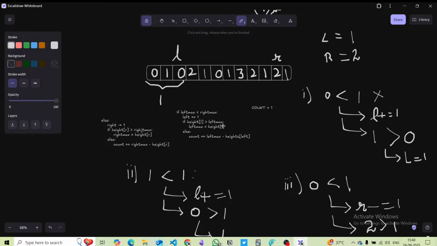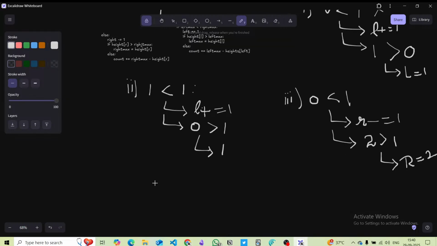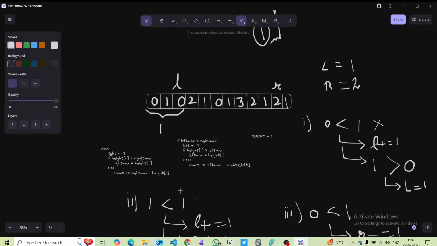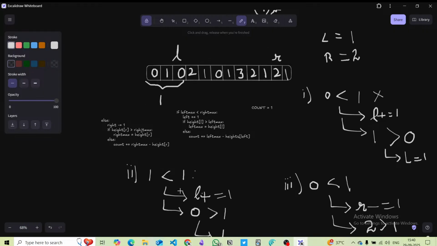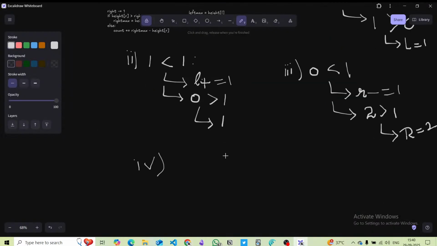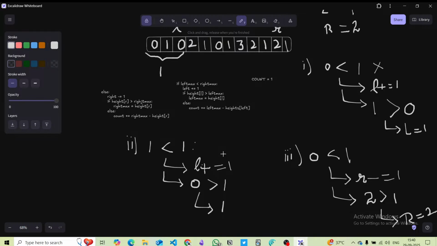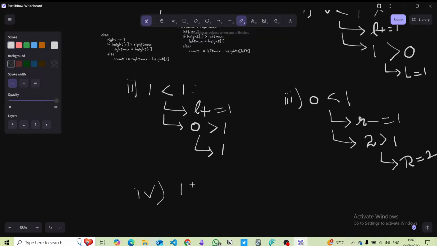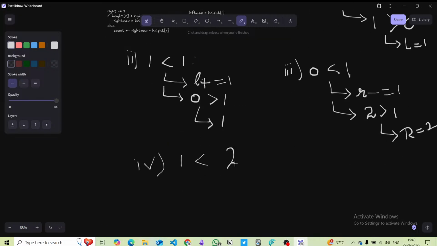The left max is less than the right max, right?